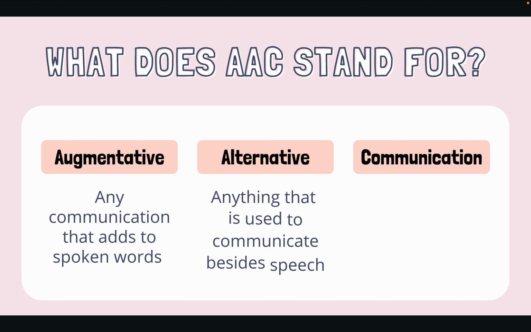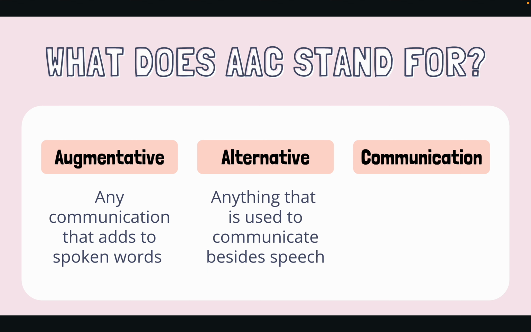When we say alternative, it is anything that is used to communicate besides speech. So think about the person who is unable to hear themselves when they speak. They have both sides of their ears with hearing loss, or bilateral hearing loss, and that person now needs to use sign language in order to communicate, or prefers sign language to communicate.